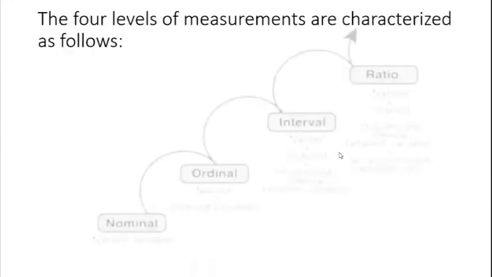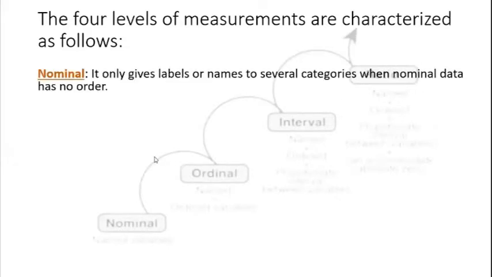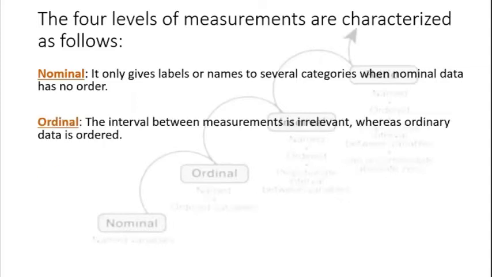So here are the four levels of measurements. You also have here at the background, you already have an idea of what these levels of measurements are. The lowest would be the nominal scale. Why is it considered the lowest of the four measuring levels? Because it only gives labels or names to several categories, and nominal data has no order or arrangement.